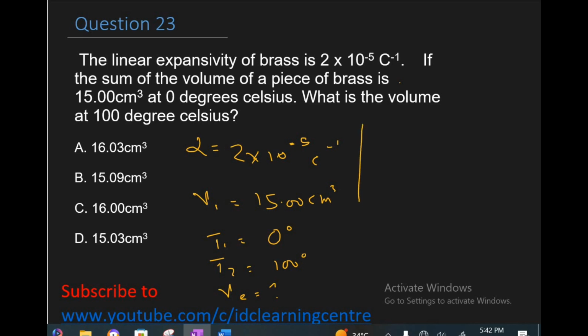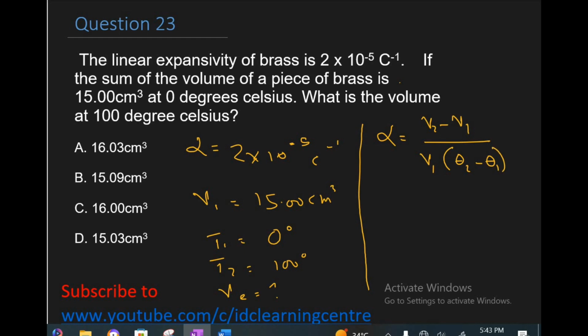Alright, so our formula is giving us what? The formula for expansivity is alpha equals the change in volume, which is V2 minus V1, divided by our initial volume and then the change in temperature.